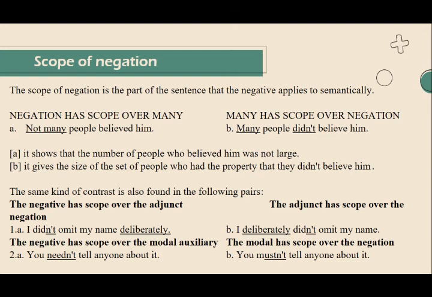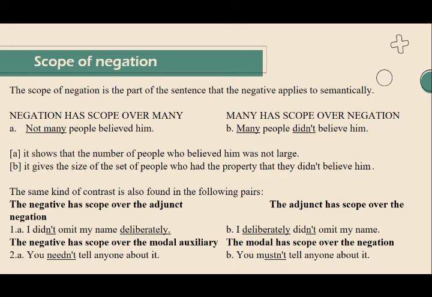In B, many has scope over negation: Many people didn't believe him. In example A, not many people believe him. The negation applies to many. It shows that the number of people who believe him was not large. We say that the negation has scope over many.